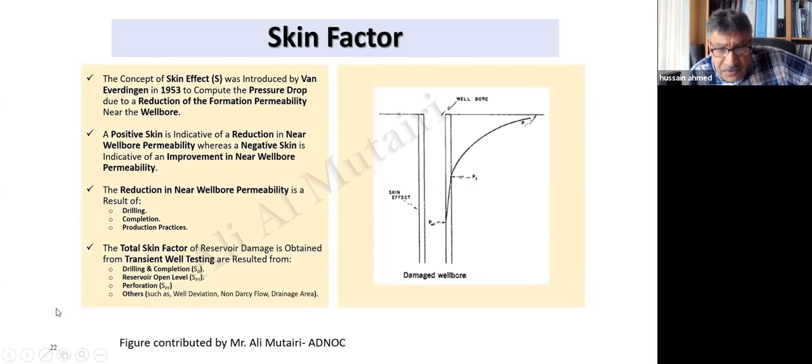And this skin factor comes sometimes from drilling or completion, or the reservoir, the way we talk about the reservoir in terms of the oil properties, wax content, the perforation pattern, perforation density, perforation length, and many other factors we need to look into, such as deviation and Darcy flow, turbulent flow. So skin is something caused by many factors.